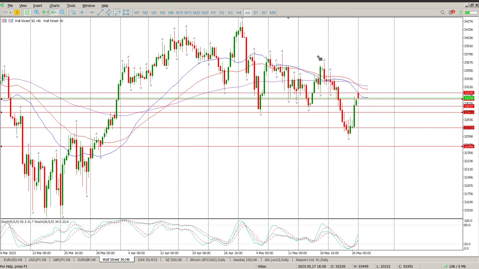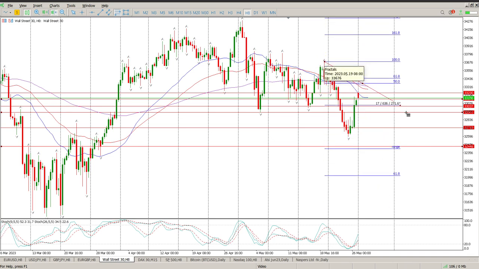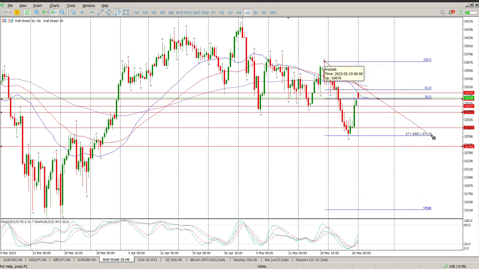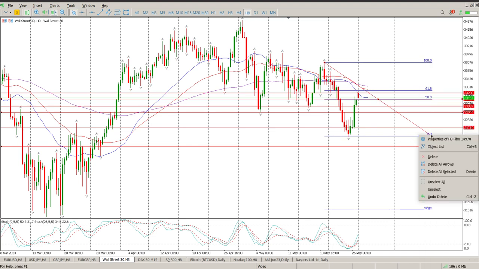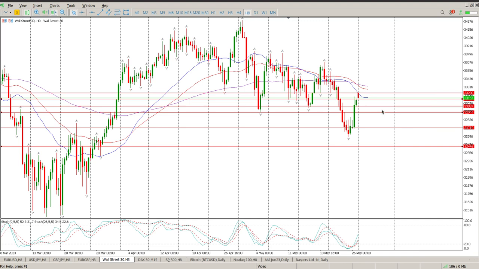And the last thing I'm going to do here is, this was the swing low, so let's see where the pullback has come into. 61.8. And look at the left, there's lots of structure here. So there is merit for us to be looking for a short in this area, for another move down.